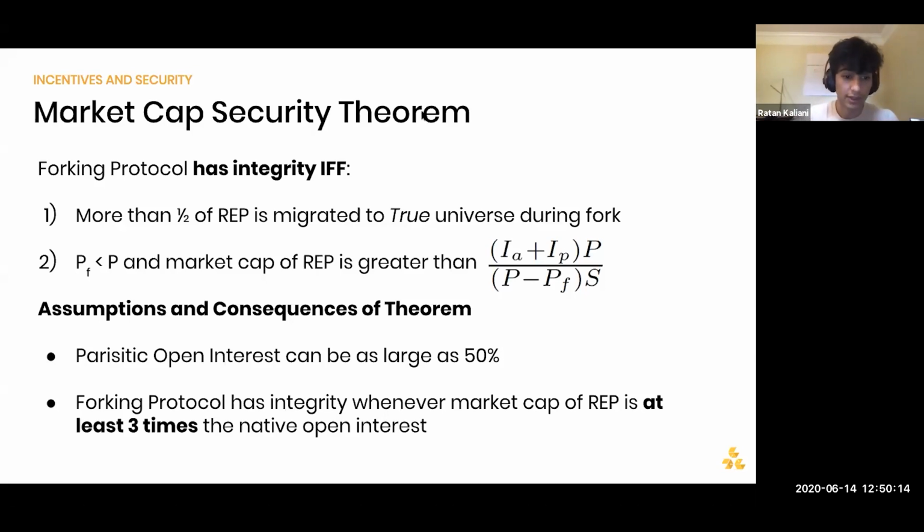So when we're establishing this theorem, what we're assuming is that parasitic open interest, which is essentially the amount of interest that's being earned by the reputation token, and in general, wherever the token is listed, however it's being transferred, can be as large as 50%.